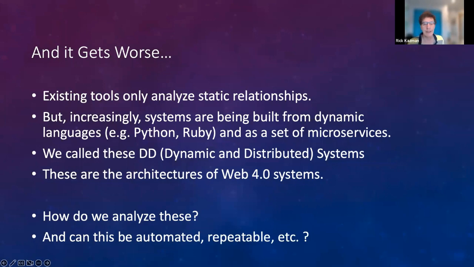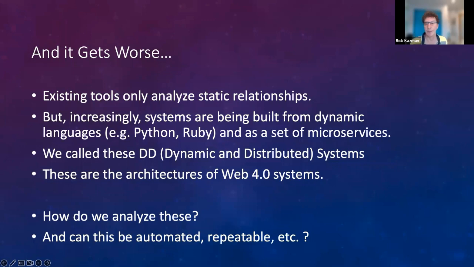So existing tools primarily analyze static relationships. File A inherits from file B, file A calls file B, class A calls class B, aggregates class B, right? These are static relationships that you can determine from the syntactic relations you can determine by compiling or reverse engineering. But increasingly, our systems are dynamic.